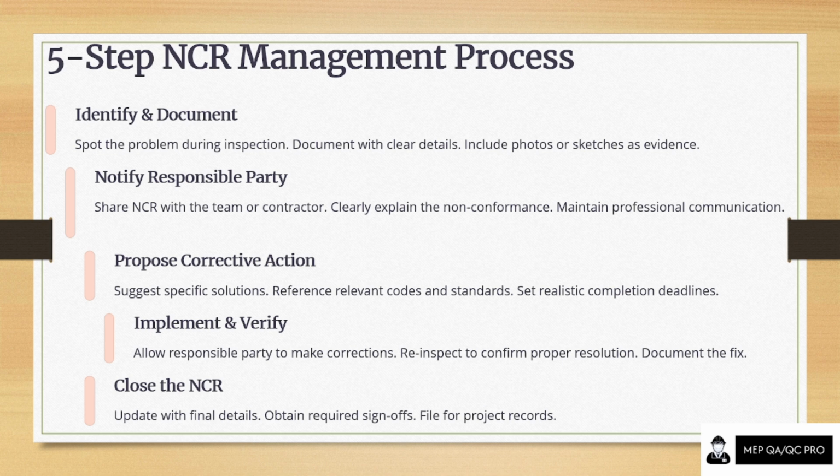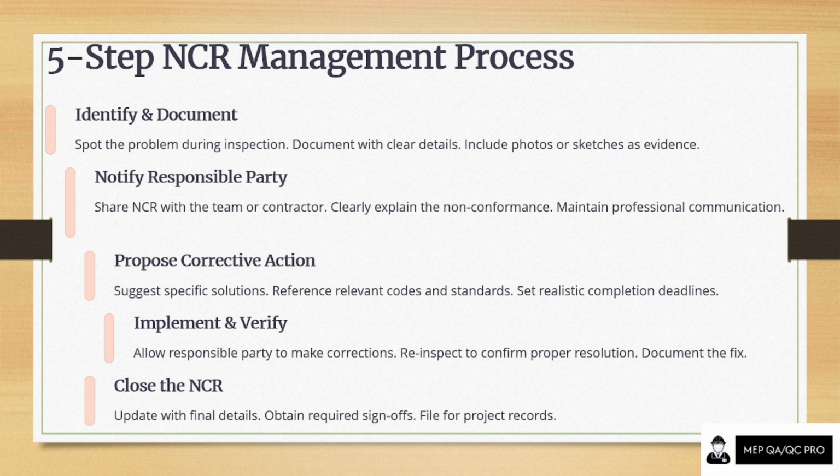Then it is notified to the concerned party, whoever needs to close the NCR. You need to send it to them, or send an engineer to close it out. This requires clear communication between both stakeholders in order to avoid delay in the submission or closing of the NCR.